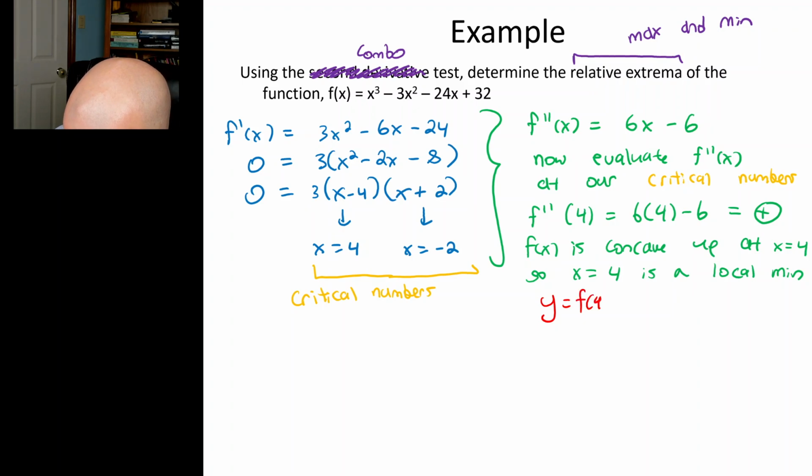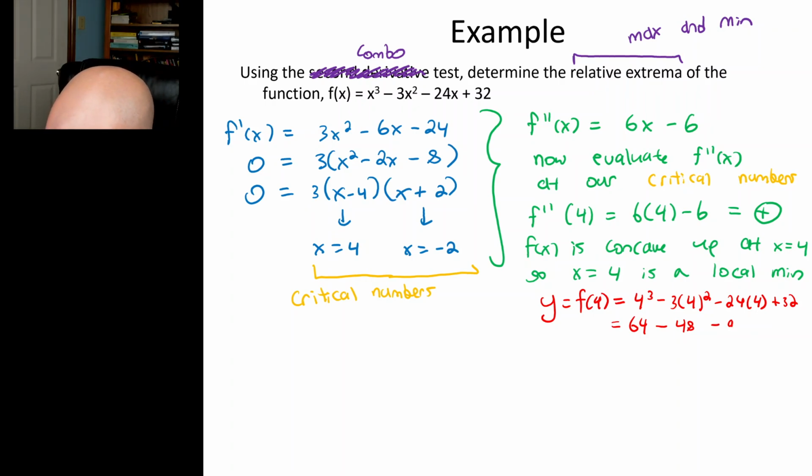Oh, and this is where the regret for this function seeps in. F of 4, 4 to the 3 minus 3 times 4 to the 2. I'm going to screw this up. Minus 24 times 4 plus 32. So 64 minus 48 minus another 48. No, minus 96. Oh my goodness.